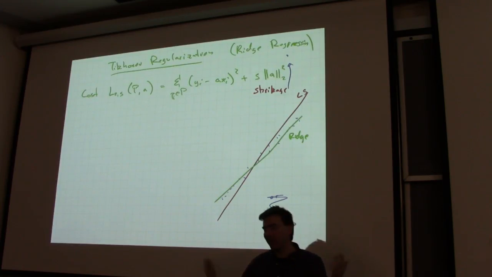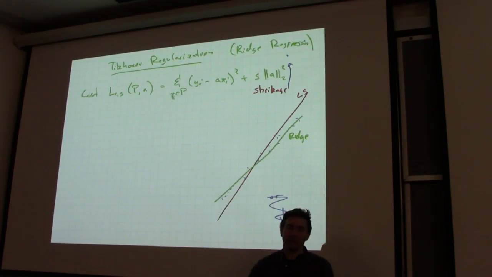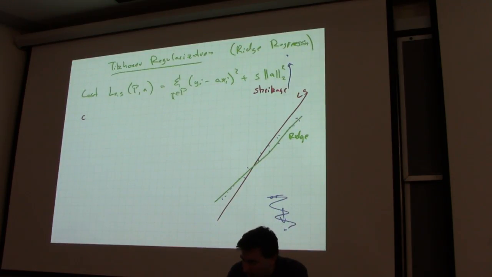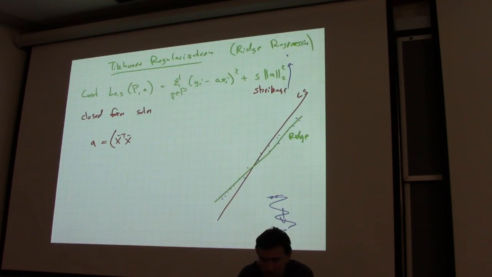Okay, so you're thinking, okay, we had this nice closed form solution. Now maybe we don't anymore. It turns out you still have a nice closed form solution here. The closed form solution is now going to be this vectorized version of the A is going to be X transpose, and this is X tilde transpose X tilde.